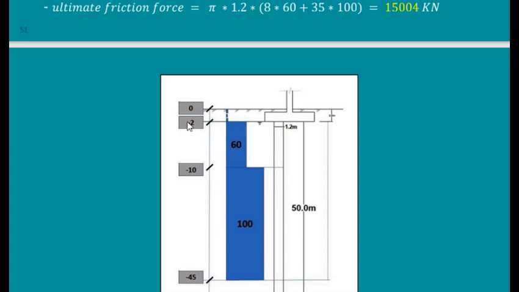Then I will go here. So this number is 2. This is the number that we did not see. It is 2 meters. The depth of the footing is 2 meters. Then from 2 to 10, it gave me a stress of 60. And from 10 below, it was 100. So to calculate the whole frictional stress, I will have to multiply this 60 by this length and this 100 by this length and add them together to get the full frictional load carried by the pile.